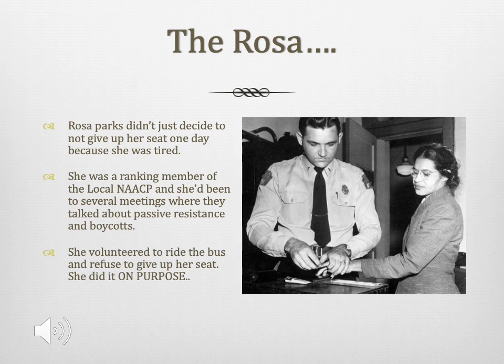So Rosa was a member of the local NAACP, which we mentioned is the oldest black civil rights organization in the nation. She'd been going to meetings, and then she was an officer in that organization, and she went to some conventions, as it were, and she learned about passive resistance. How do we resist without being violent?